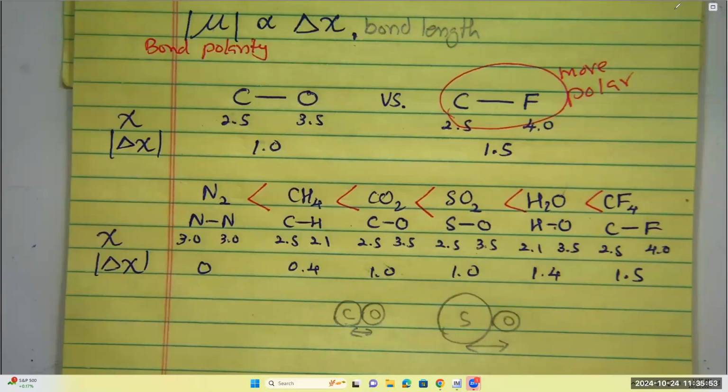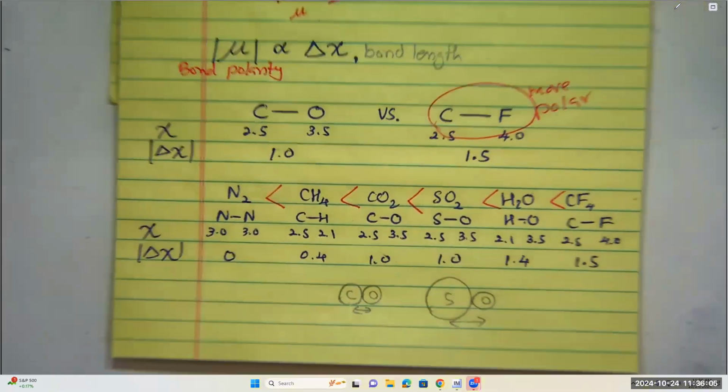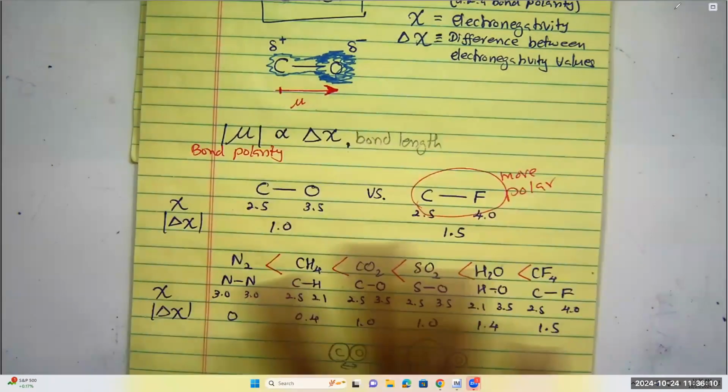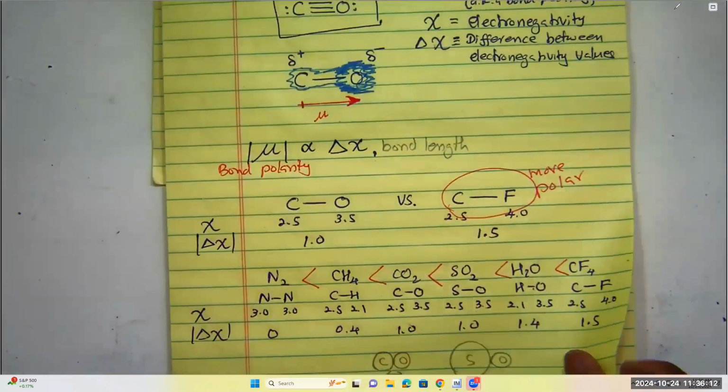The idea is it doesn't matter because they're talking about the bond polarity here. But at some point we need to address the elephant in the room, right? What about the molecular polarity? Here it takes care of the bond polarity, but let's move on to molecular polarity.